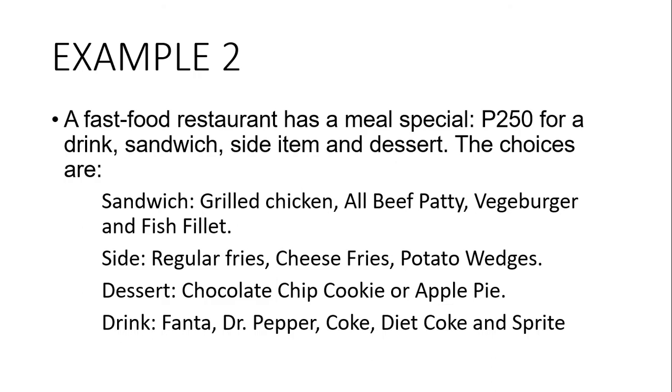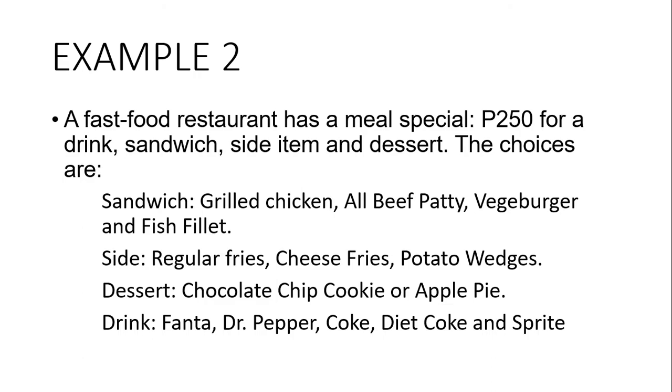A fast food restaurant has a meal special: 250 pesos for a drink, sandwich, side item, and dessert. The choices are, for sandwich, they have grilled chicken, all beef patty, veggie burger, and fish fillet. For side, they have regular fries, cheese fries, potato wedges.